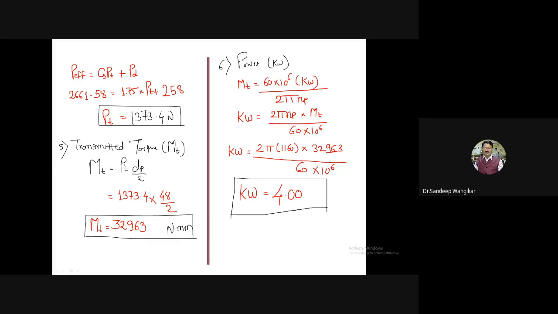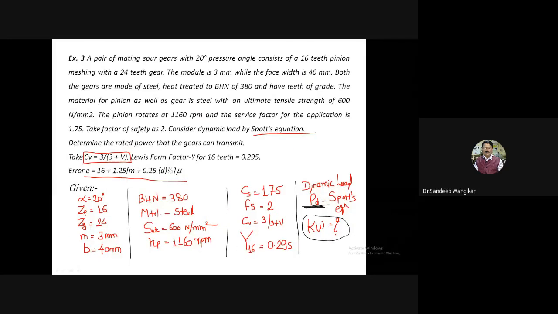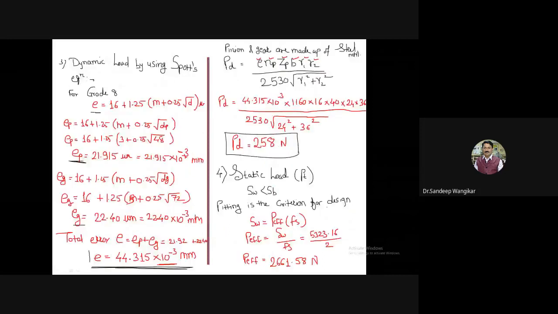So how will you highlight this? What is asked in the numerical? Very first, the rated power that the gear can transmit.